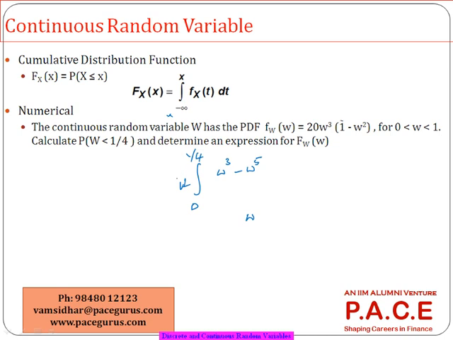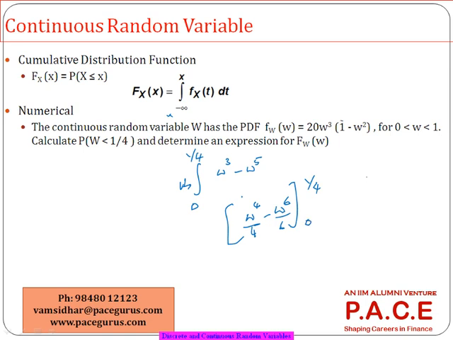The question is anyhow less than 1 by 4, but I know that it lies between 0 and 1, so I am creating the interval 0 to 1 by 4. This gives w power 4 by 4 minus w power 6 by 6, and you are doing the integral between 1 by 4 and 0.